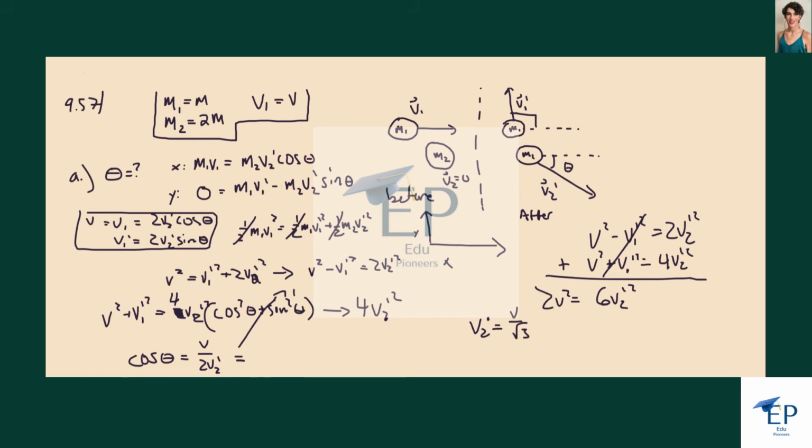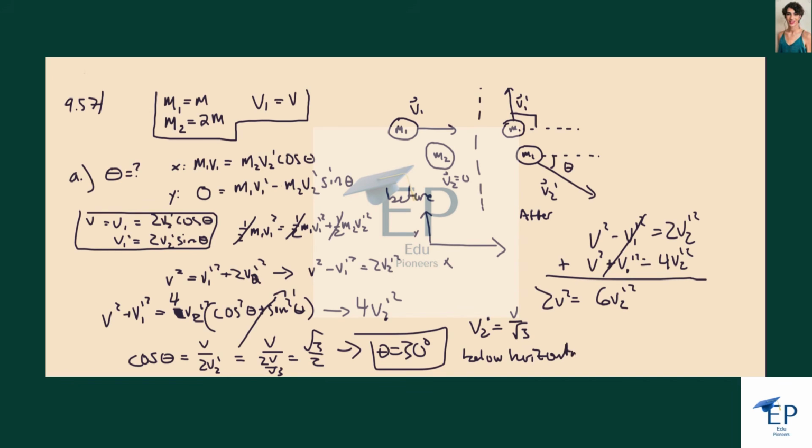If we plug in what v2 prime is, that just becomes v over 2v over root 3, or square root of 3 over 2. So that means theta must be 30 degrees. Awesome. So that's part A. It gets scattered off at 30 degrees below the horizontal.